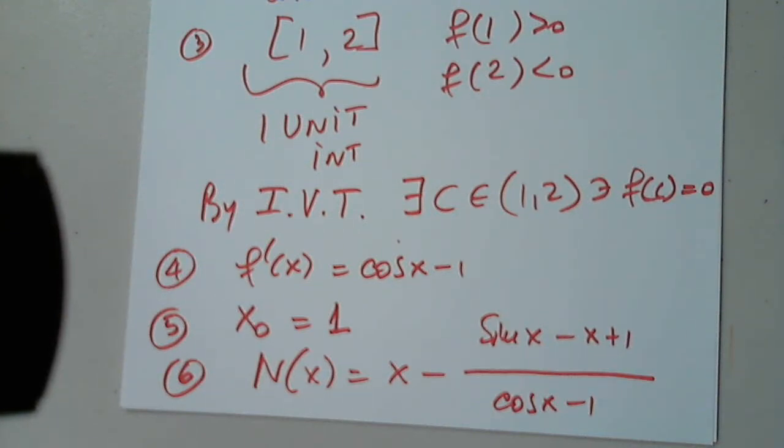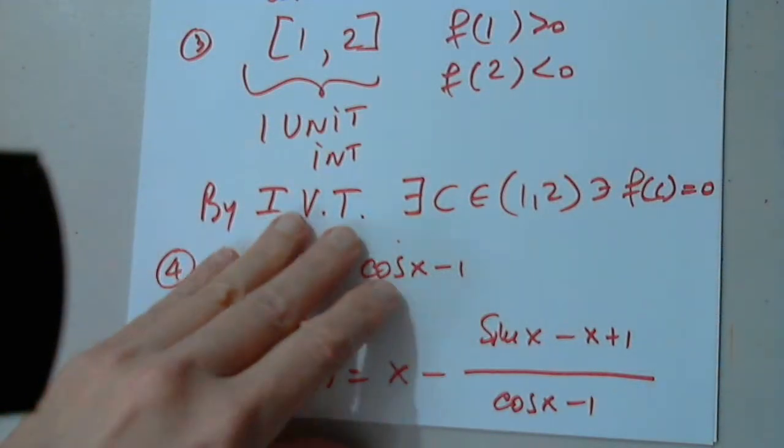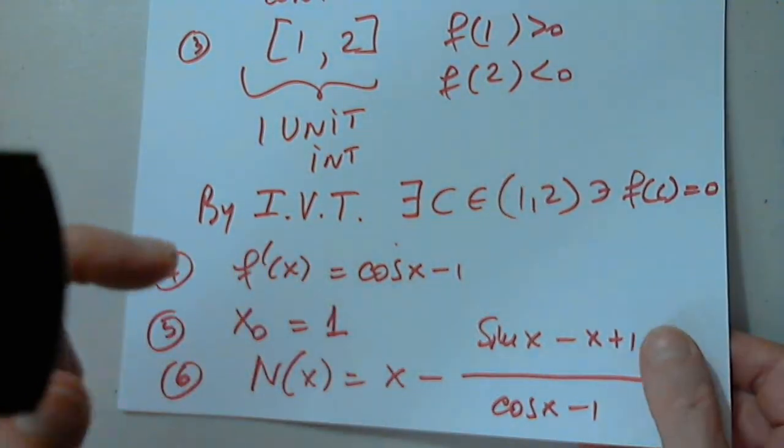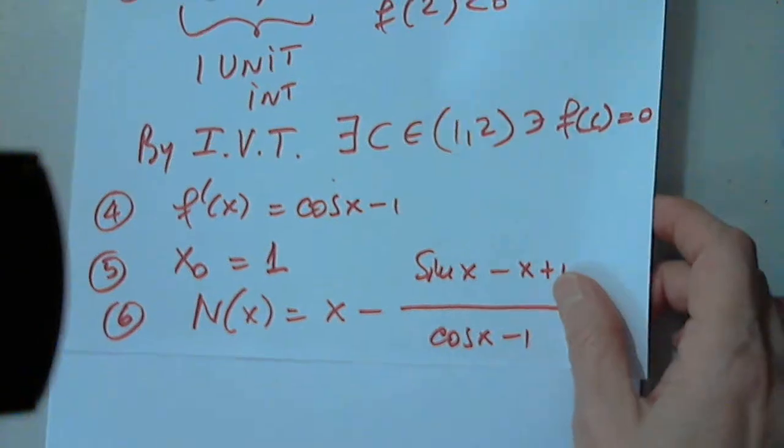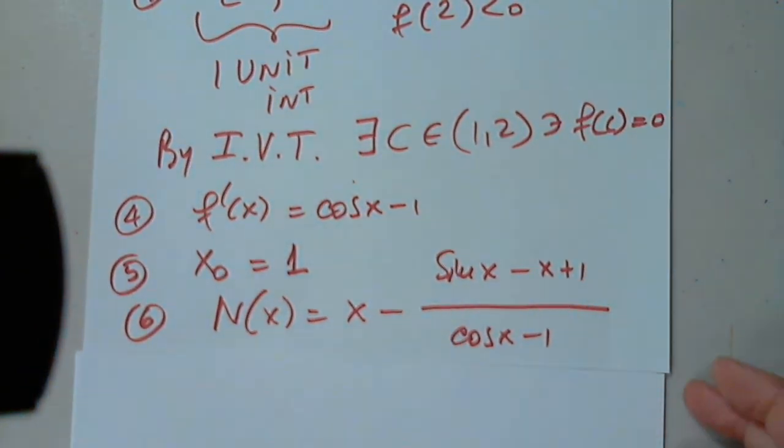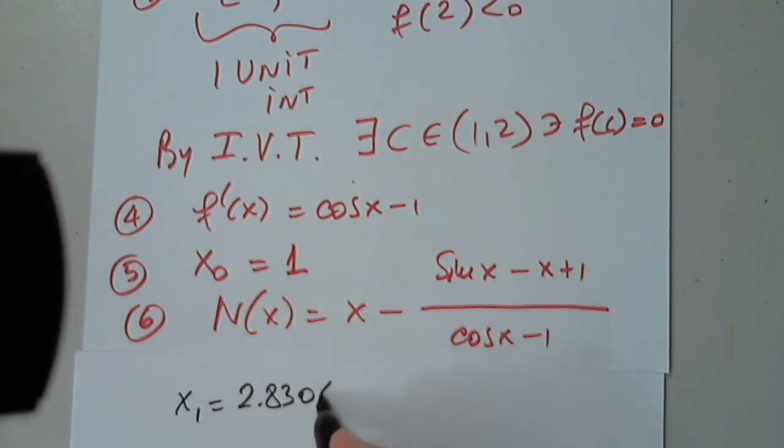That's my initial value. You know that this is above the interval, right? So that should scare us a little bit. Not really. So my x1 is 2.830487722.